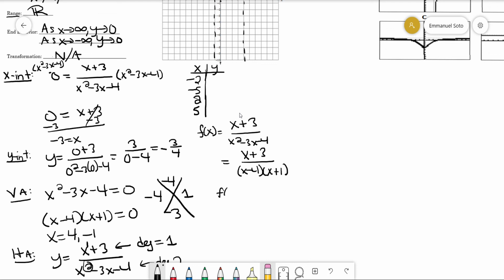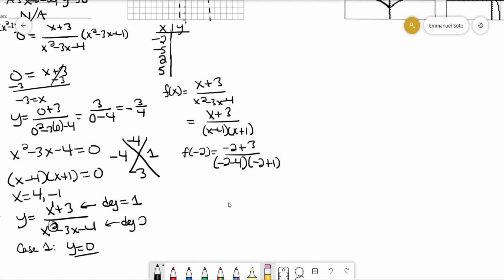So f of -2 equals (-2 plus 3) over (-2 minus 4)(-2 plus 1). So -2 plus 3 is 1, -2 minus 4 is -6, -2 plus 1 is -1. Go ahead and multiply the bottom: -6 times -1 is 6. So it looks like we have 1 over 6. Now let's do -5.